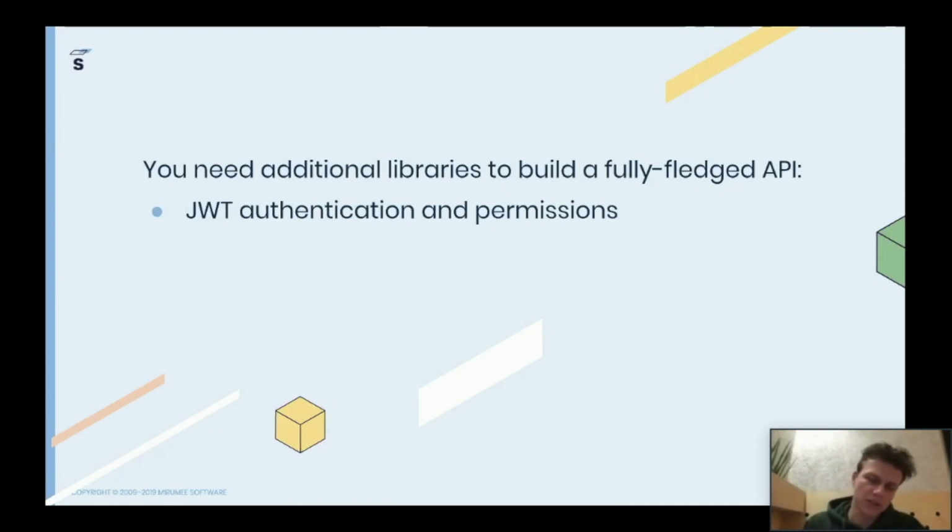Also, to have permissions management based on JSON web tokens, you need the same library, which is fine because you can have this feature, but there is always a risk with using third-party libraries because you never know if they will be maintained, since very often they are maintained by one person or a very small team. It was a problem for us a few times already that we had to depend on a library that is not supported.